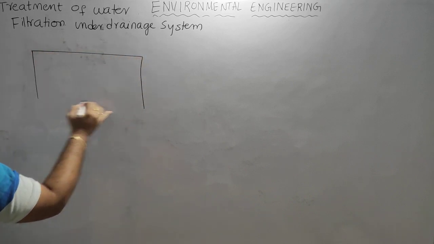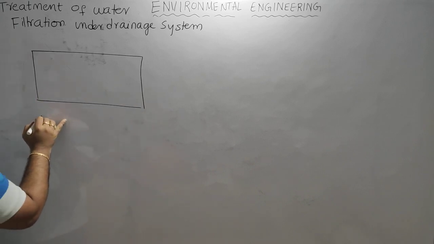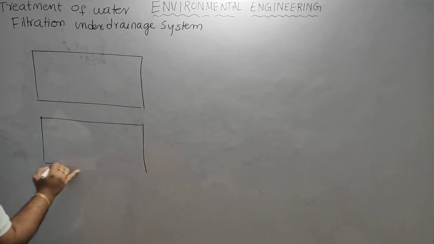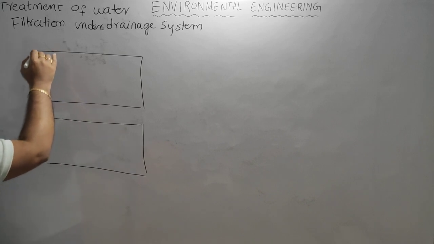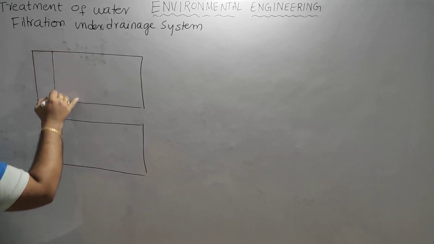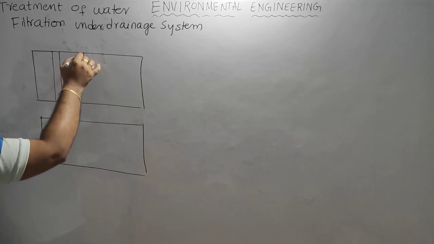This is the plan area, the bottom plan area of the filter, the top view. There will be perforations at the bottom. Those are called laterals. See, these are all laterals.